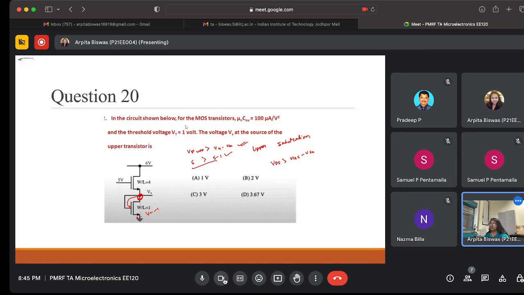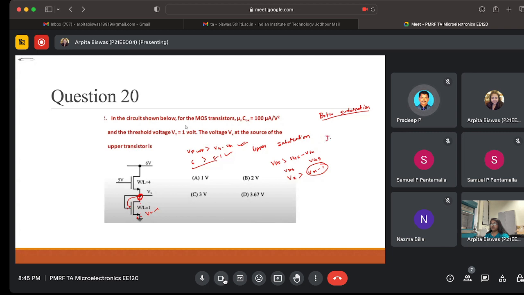If the VDS is Vx in the lower, then it will be greater than Vx minus 1. So whatever the value of VGS, it will be greater than the VDS. So in both it is saturation. Is it right or anything else? Pradeep? Both are in saturation region. Yes. Then what is the equation?